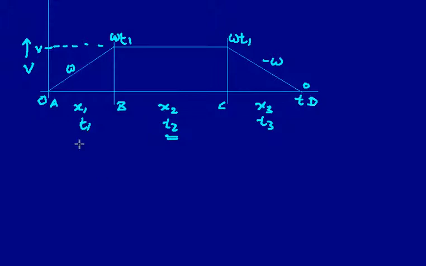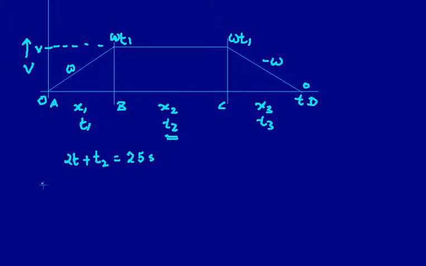The total time traveled is t1 plus t2 plus t3, as we found out earlier. So 2t plus t2, as per the problem, is equal to 25 seconds.